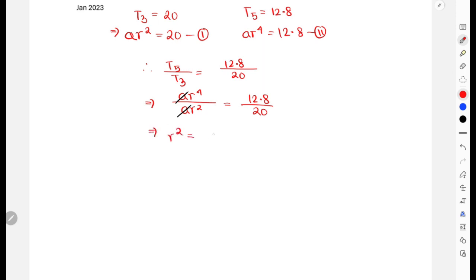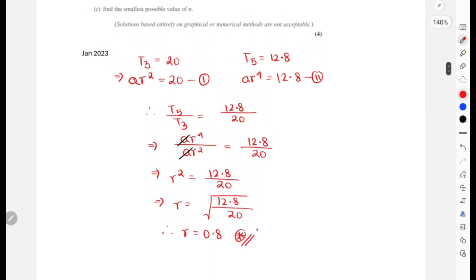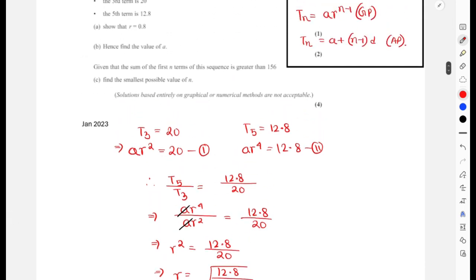So you have r^2 = 12.8 divided by 20. For the last part, r would be 12.8 divided by 20, everything under a root. If you calculate that, you are going to get the value for r as 0.8, and that was the value that was asked to be shown in your question, and we have done that. So that is it for the final value for r.